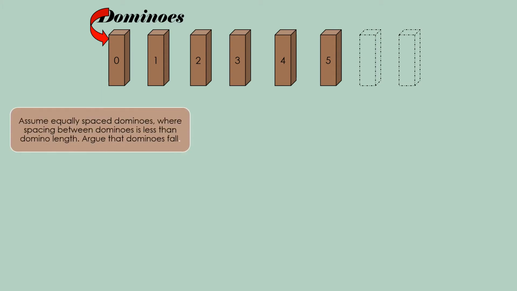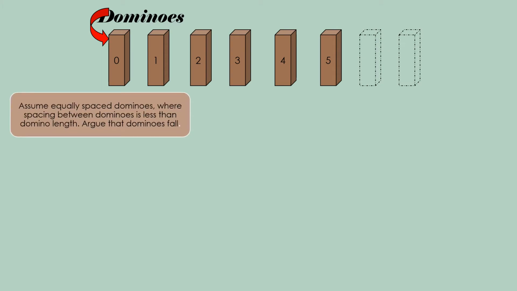The domino effect assumes equally spaced dominoes where the spacing between the dominoes is less than the length of each domino. Now we argue that if we disturb the first one, definitely the remaining will fall.